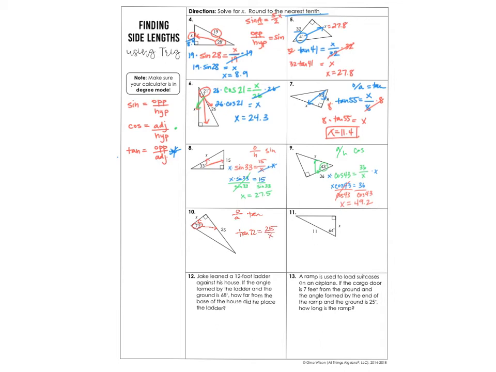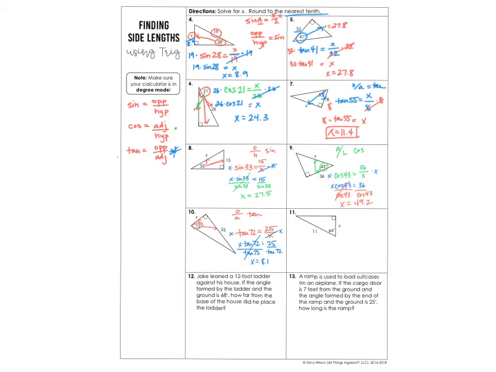So this is going to work just like our last two. Multiply by x to get x on the other side. So you got x times tangent 72 equals 25. And then to get x by itself, we want to divide by tangent 72. So that's going to leave us with x equals, do 25 divided by tangent 72, and you get 8.1.